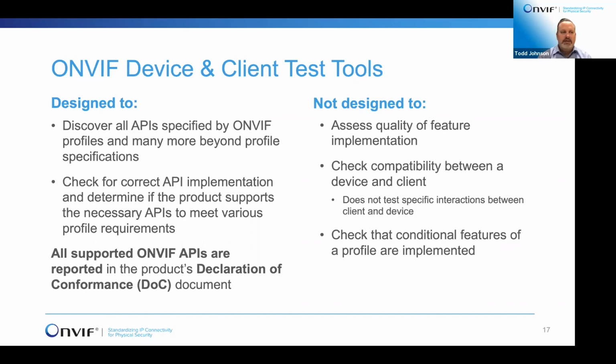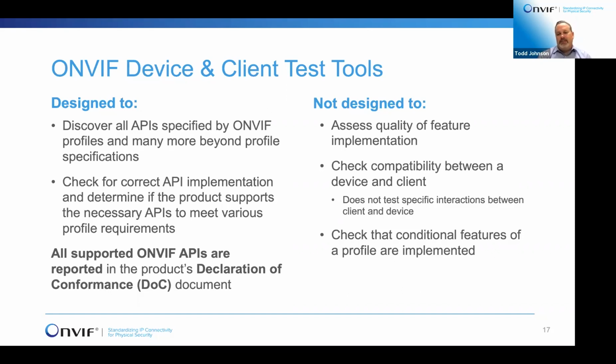Again, that is the responsibility of the manufacturer. Back to the PTZ example, if a manufacturer supports all the correct pan, tilt, and zoom calls in the proper way, that doesn't necessarily mean you're going to get really smooth motion or really accurate positioning. That would be on the manufacturer to ensure a quality implementation.